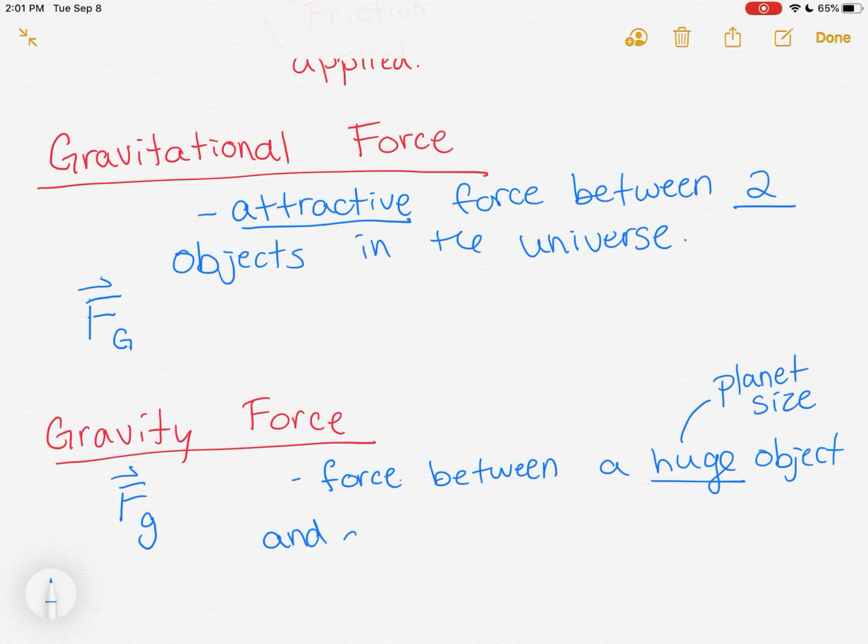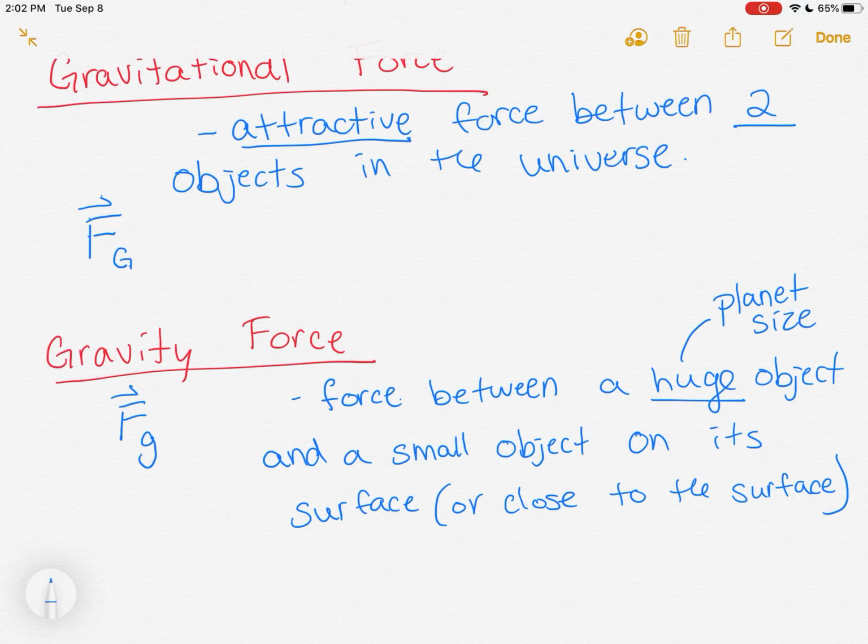Okay, so when we're looking at gravity force, a gravity force is that attraction between this huge planet-sized object like the Earth and a small object like a person or a building or a basketball or an airplane. Something that is small in comparison to the size of the planet and is either on the surface or is really close to the surface.